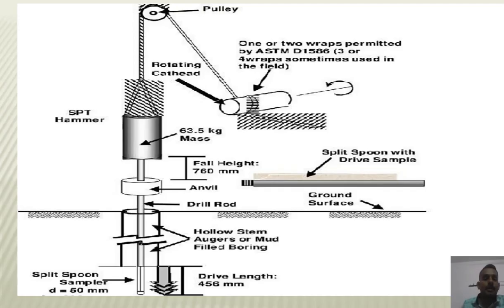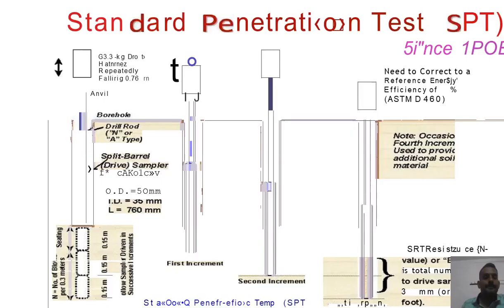The 63.5 kilogram mass is lifted by means of a pulley and made to drop with a free fall of 760 millimeter or 76 centimeter. This is a pictorial representation of standard penetration test.